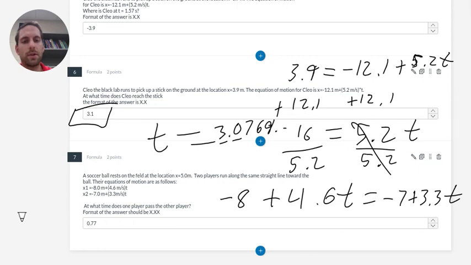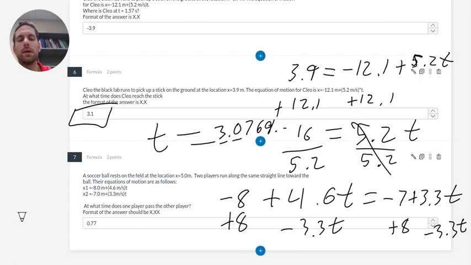So first thing I'll do is add 8 to both sides. And then I could subtract 3.3t from both sides. And once I do that, I'll get 1.3t equals 1, because everything else was nicely canceled.